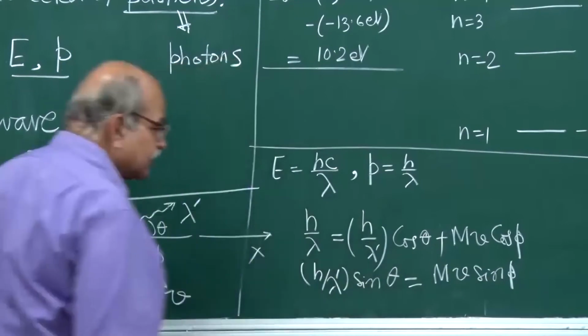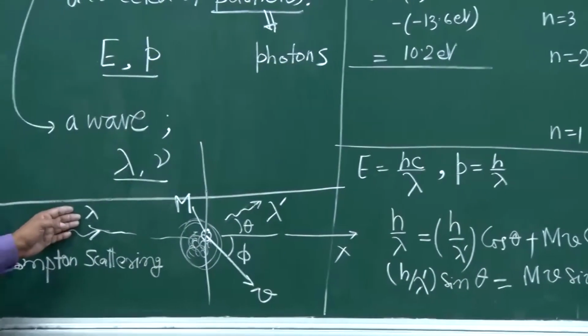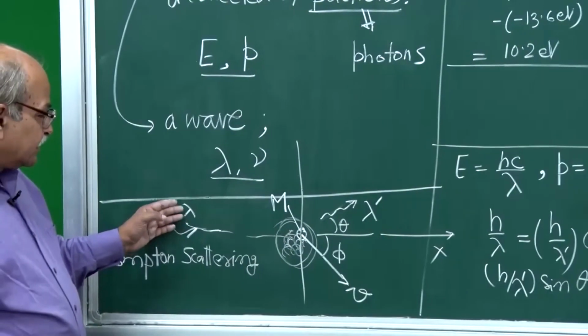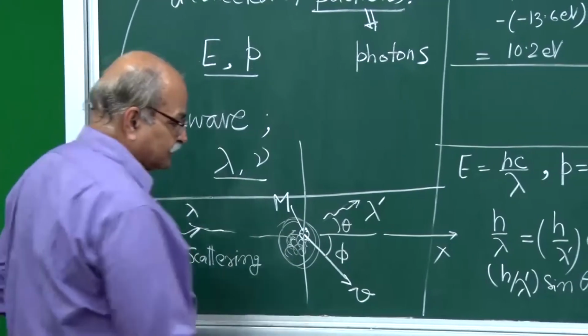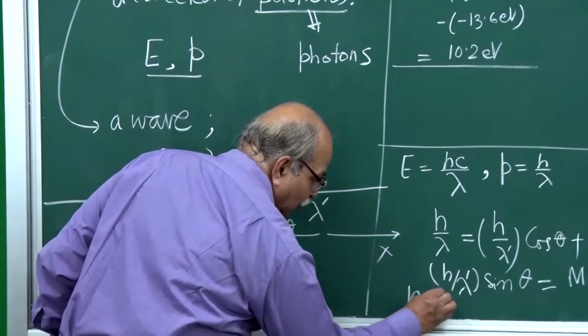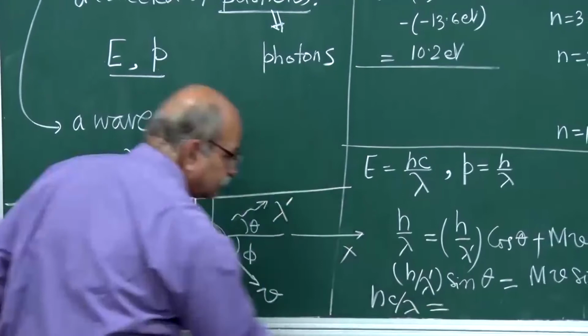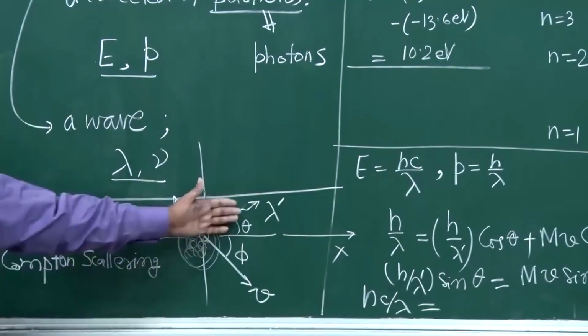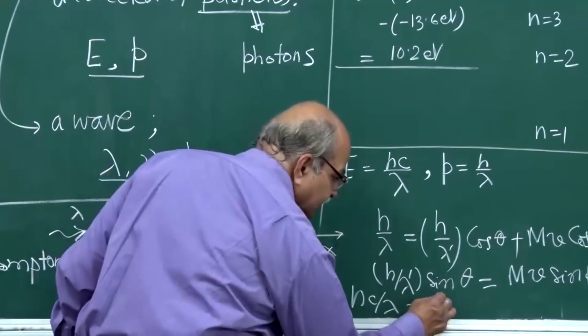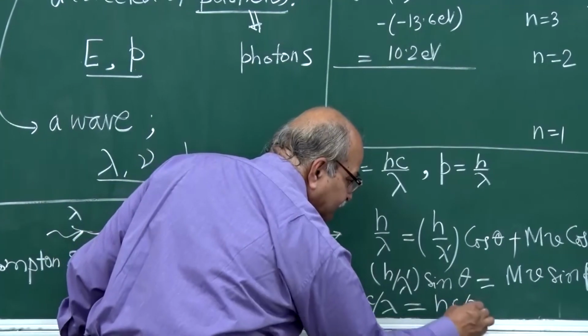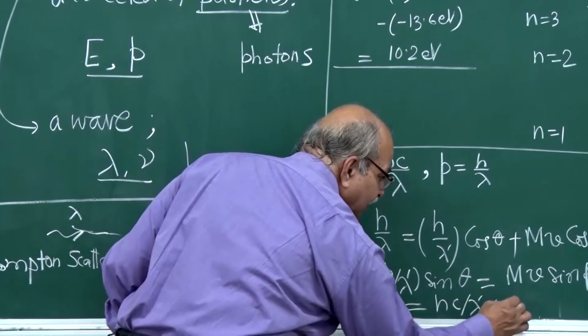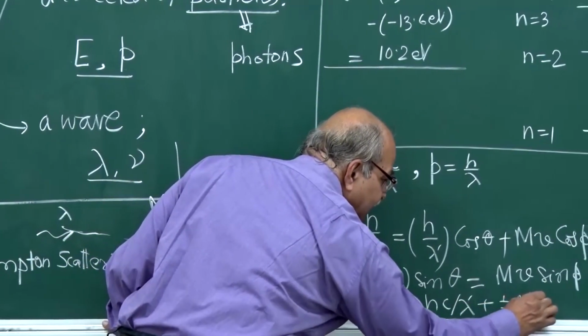And finally, the energy conservation: here the energy is hc over lambda, and here the energy is hc over lambda prime plus half m v square.